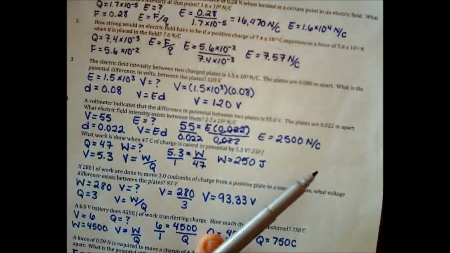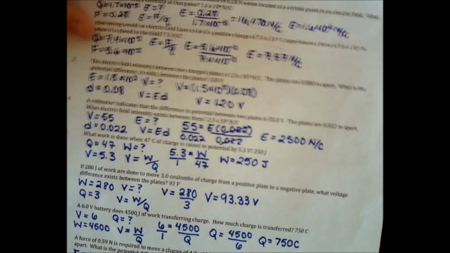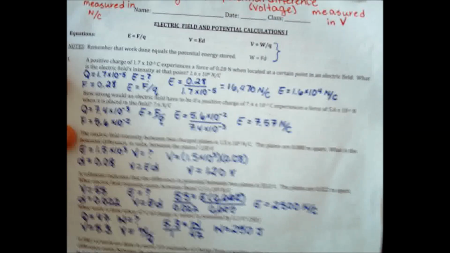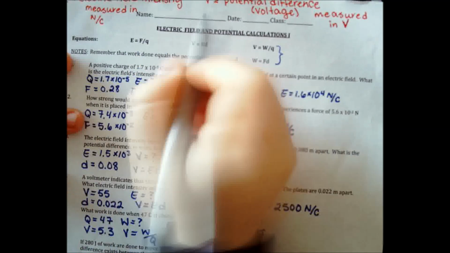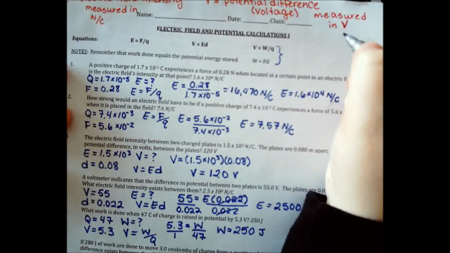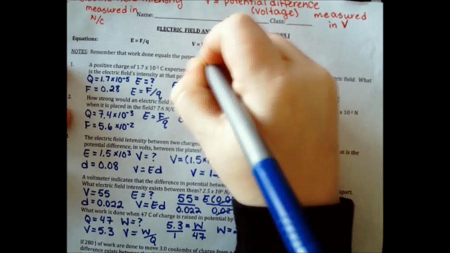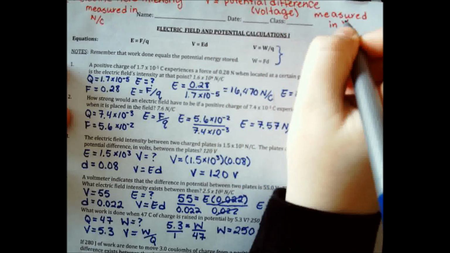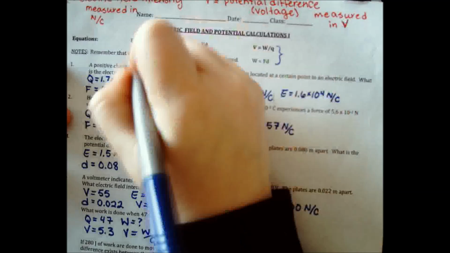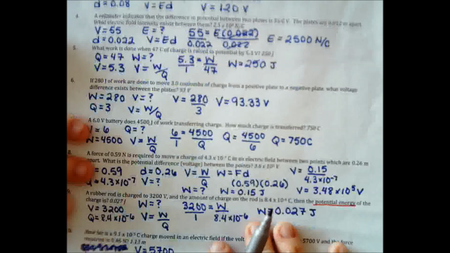Because we need to find either electric field intensity or voltage before we can find distance. If we wanted to find voltage, we need W here. We don't have W, that's the problem. So we can't find voltage. So we're going to have to instead find electric field intensity.